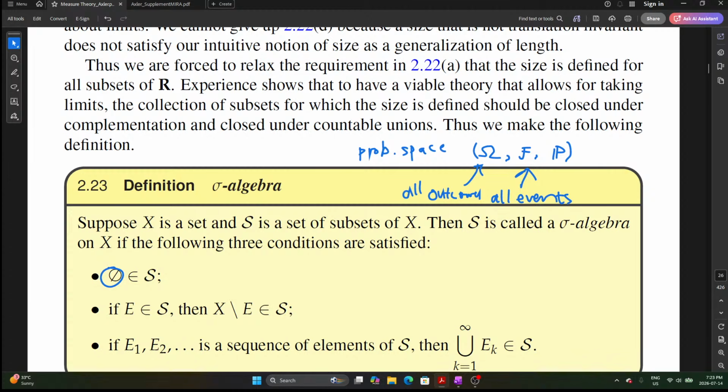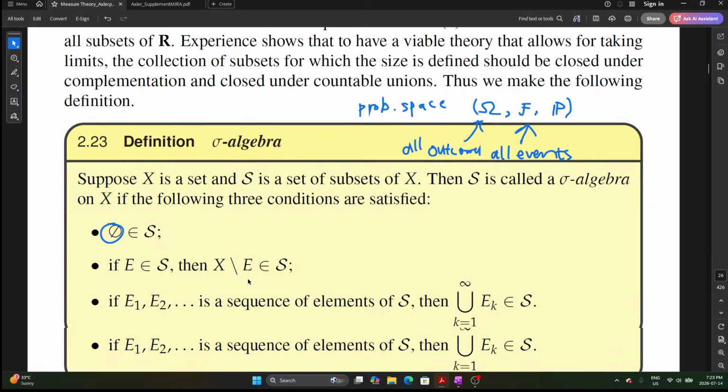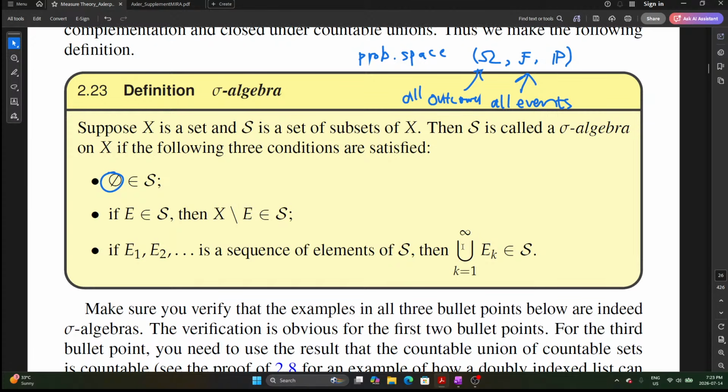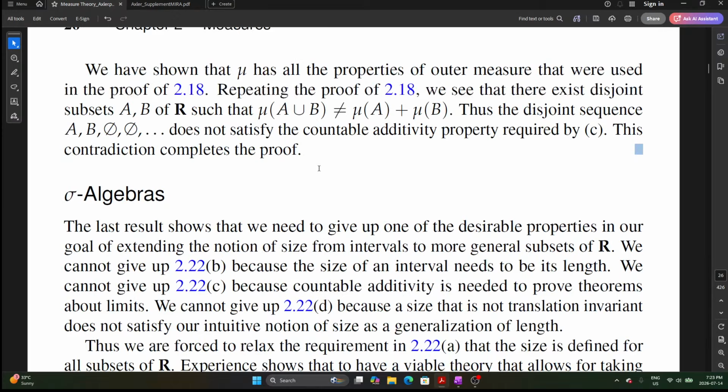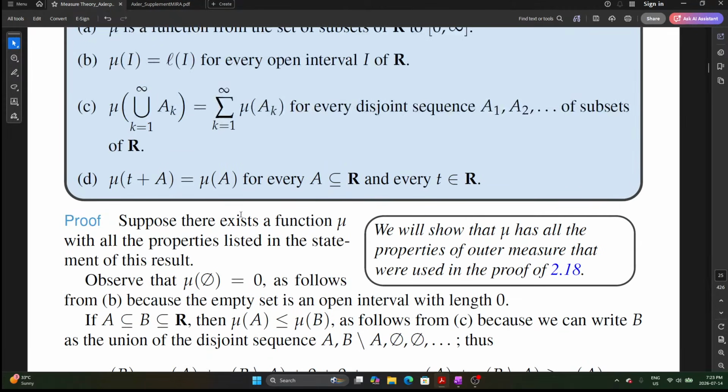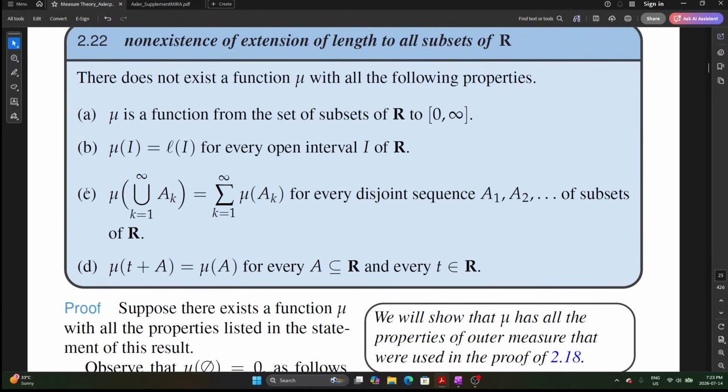Okay, if you just have closure under finite union, and also only finite additivity, so imagine instead of having infinity on top, you have a little n, and the statement says the union of n disjoint subsets has an outer measure equal to the finite sum of the individual, not outer measure but mu values.